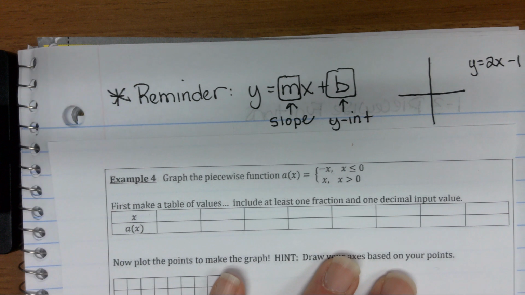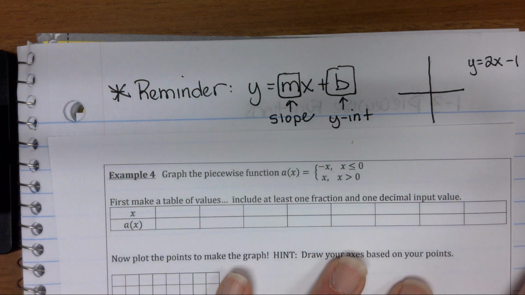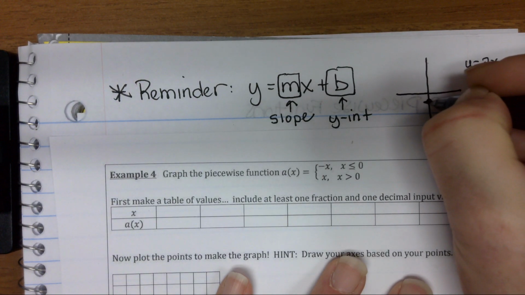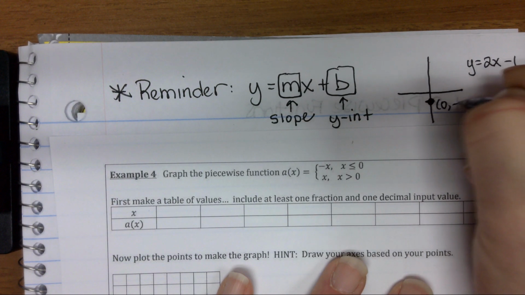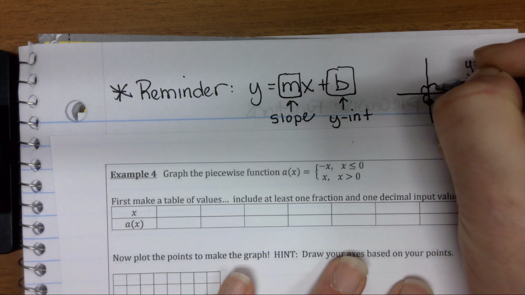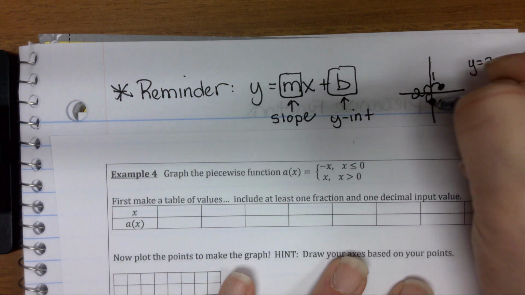Where would that line start? At -1, so you'd start that line down here, and then you'd go up 2, over 1, and you could draw a sketch.